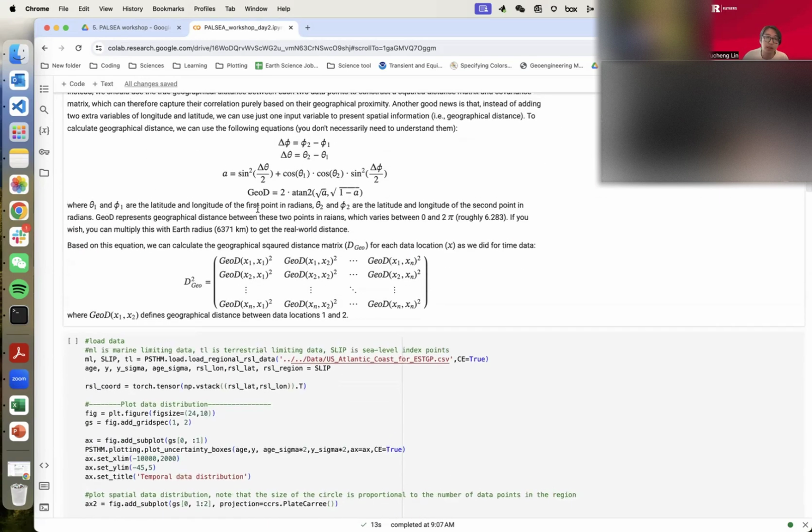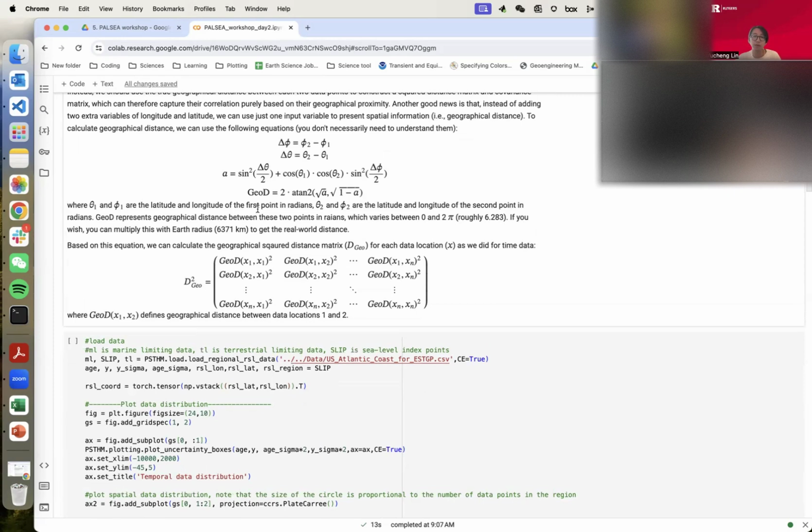Just a reminder, what is a square distance function? You are calculating the distance between each pair of data points, so you can calculate how far apart they are, and you can use that distance to calculate the covariance.